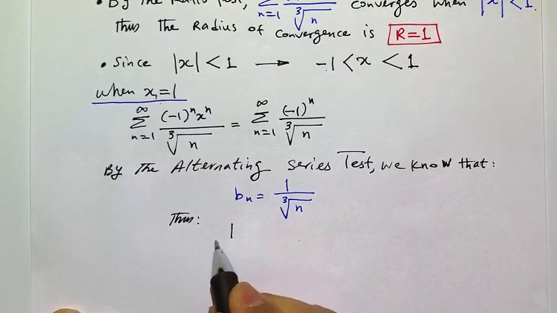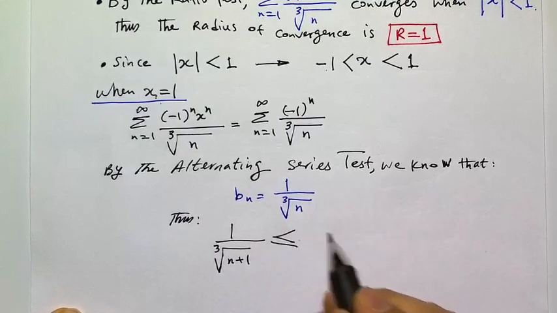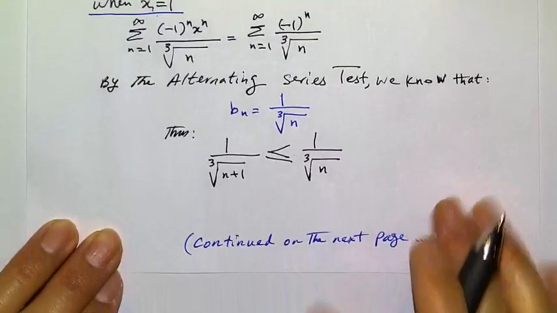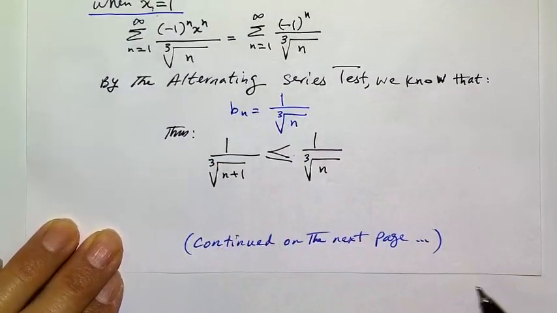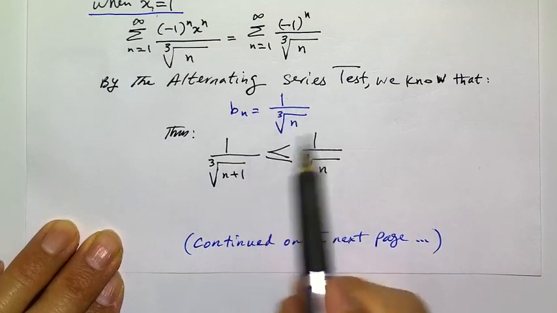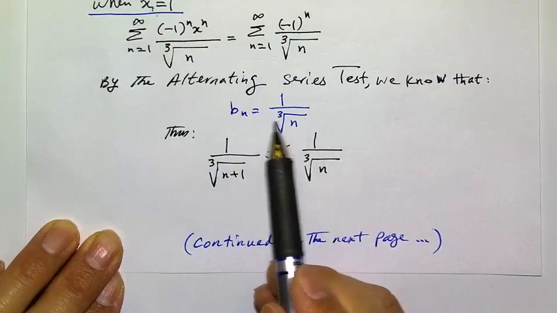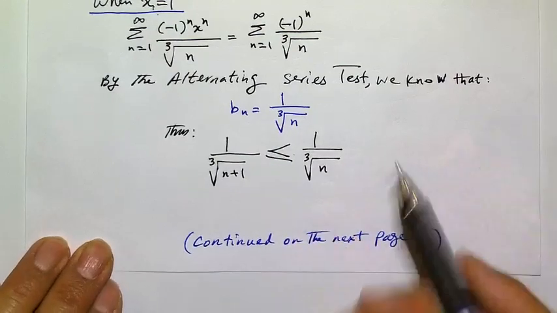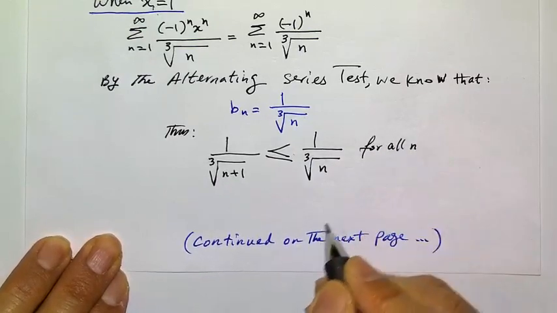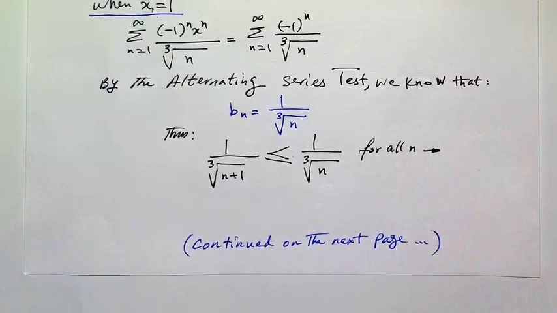Thus 1 over the third root of n plus 1 is always less than or equal to 1 over the third root of n, right? That's clear from this expression of the Bn, as larger values of n lead to smaller values of this fraction. So this is going to be a decreasing sequence of numbers, and this is true for all n. So condition 1 is satisfied.